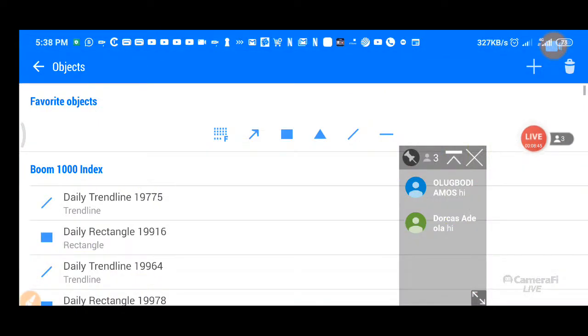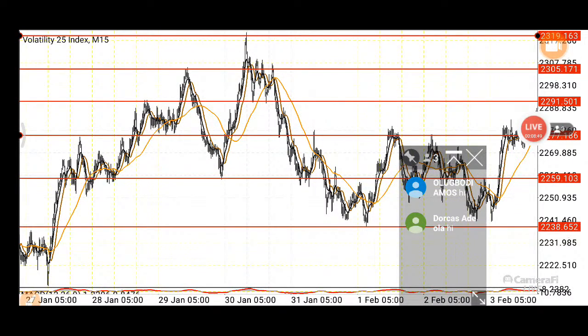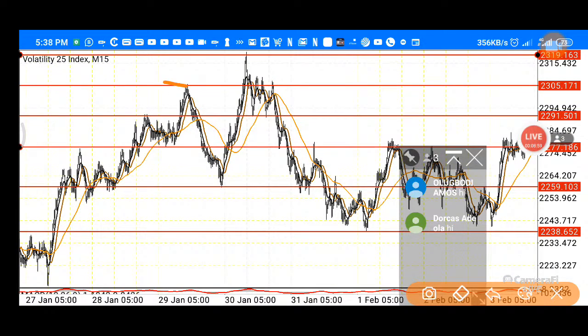For example, we have an unverified resistance here. That's an unverified resistance. Do you understand? This resistance is verified. Why? Because it respected it here and also respected it here.